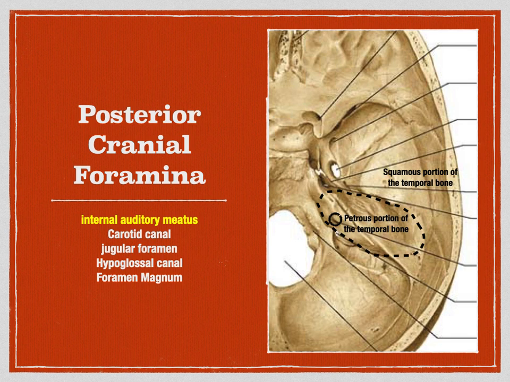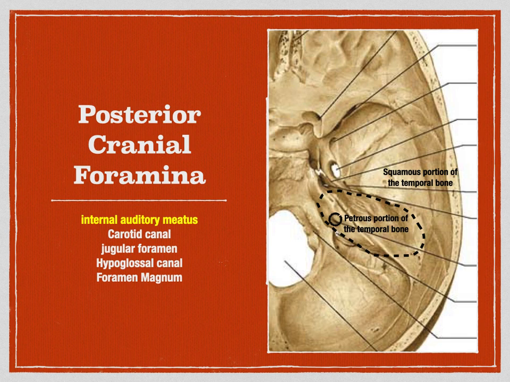So this rock-like piece of bone is here, and within this is the hearing apparatus. So it's no accident that the hole that's coming out of that hearing apparatus toward the brain is here on the inside of the skull by the temporal bone.